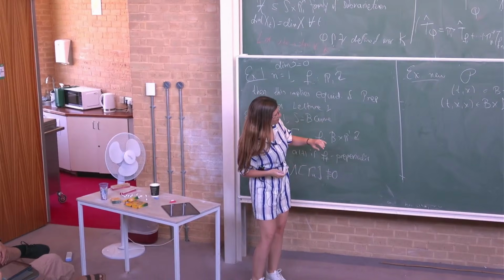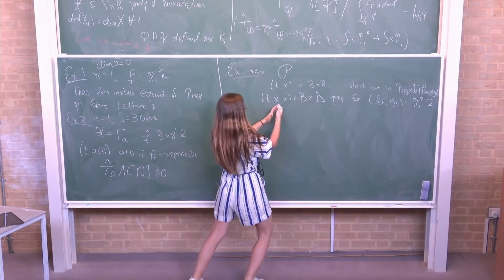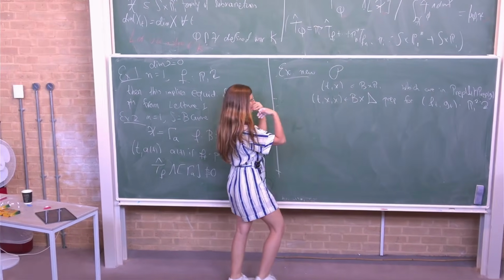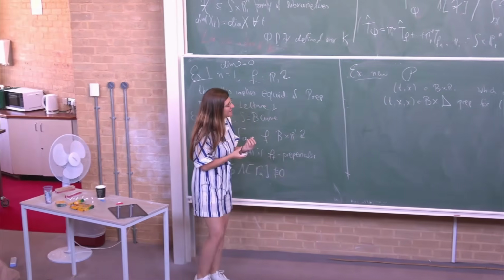Okay, so now what? We know that there's a dense set of parameters here. What happens to them? How do they distribute?